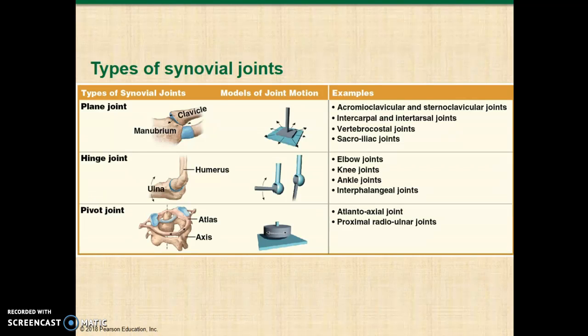A pivot joint occurs at the, now don't get nervous about terms like atlantoaxial joint. It just means the joint between the atlas and the axis. So the names of these joints tell you where they're located. So the atlantoaxial joint between the atlas and axis is a pivot joint.